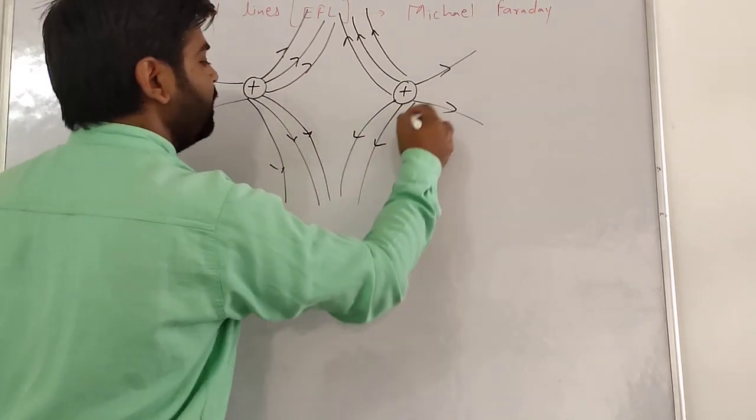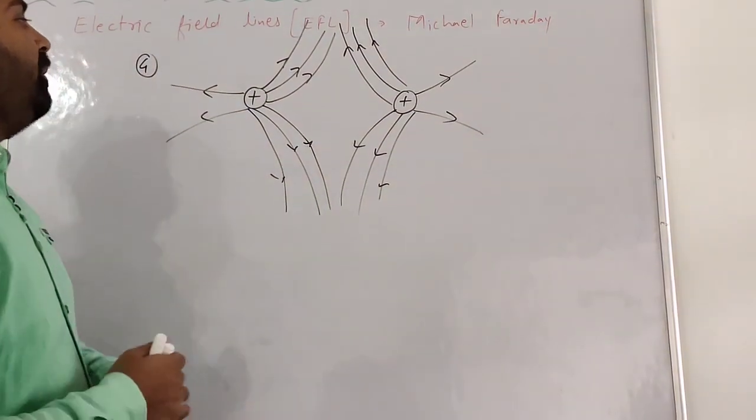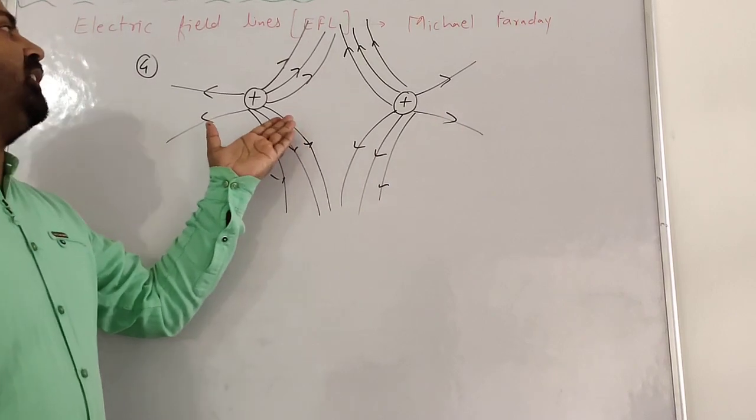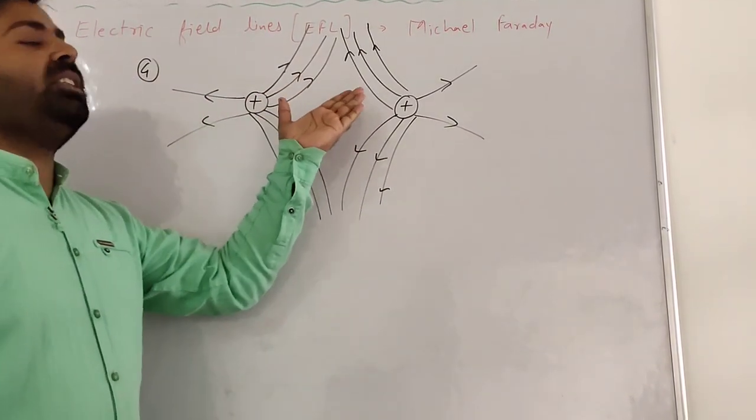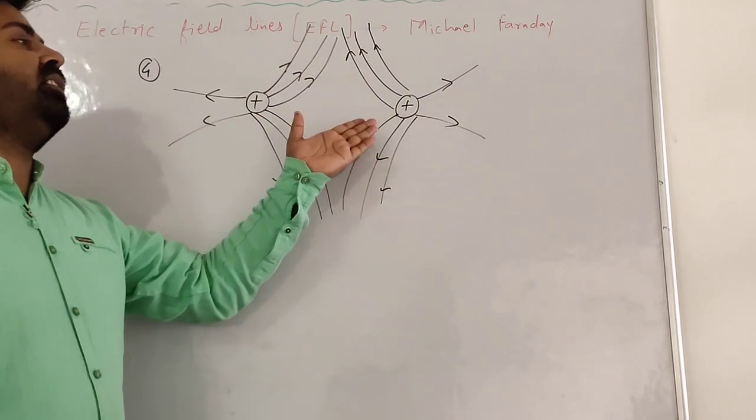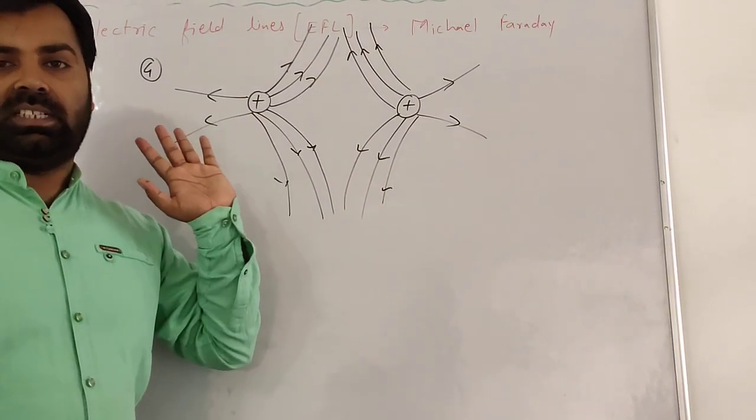So the property is when same nature charges are put very close to each other, then the electric field lines always repel each other, which shows that same nature charges always repel each other.